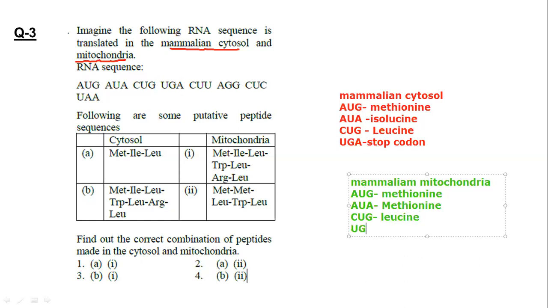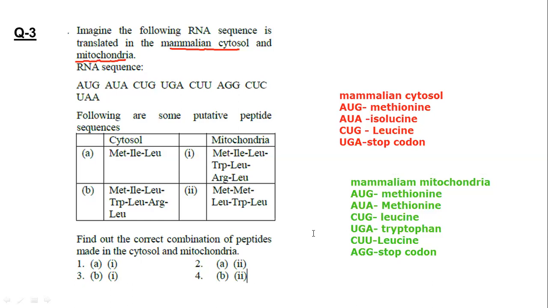UGA codes for tryptophan. Generally UGA acts as a stop codon in cytosol, but here UGA codes for tryptophan. CUU codes for leucine, and AGG acts as a stop codon.